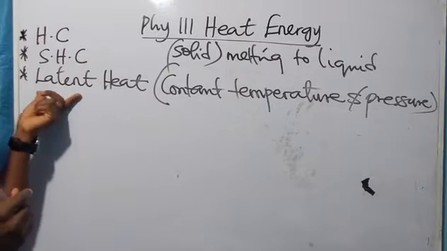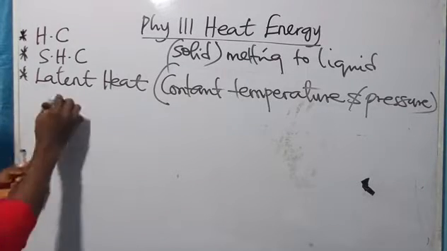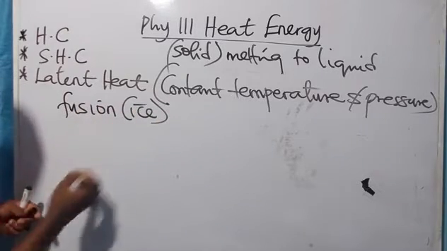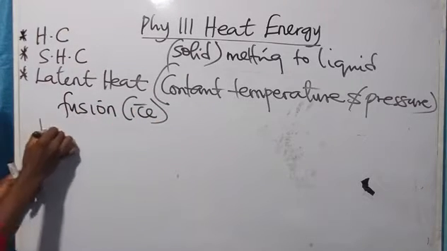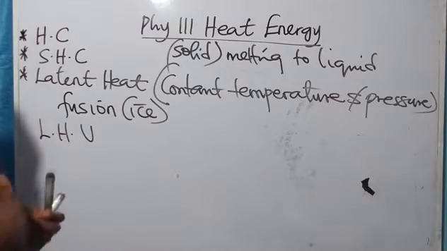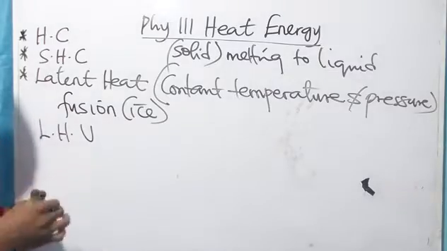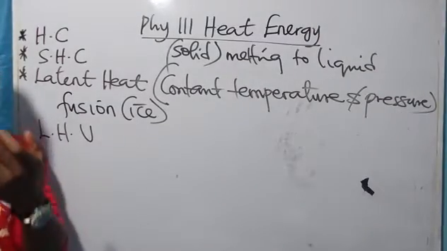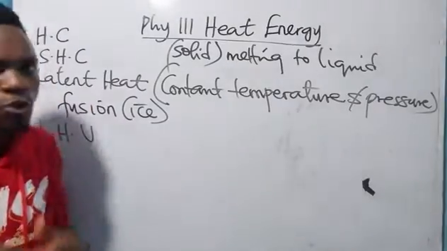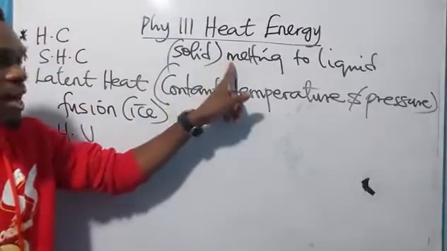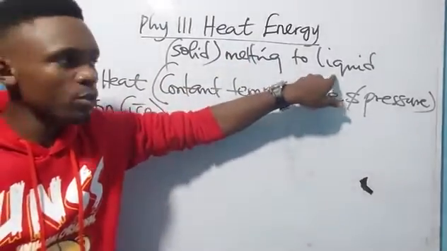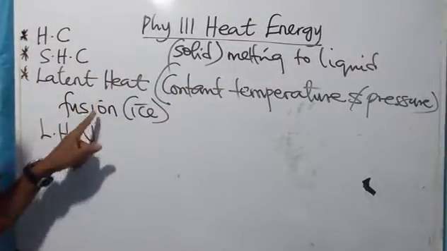Now we have two types of latent heat. We have specific latent heat of fusion, and this one has to do with ice. We now have latent heat of vaporization. This one has to do with liquid becoming a gas. So the quantity of heat required to change the mass of a solid, which is ice, at its melting point to become liquid, is called latent heat of fusion.